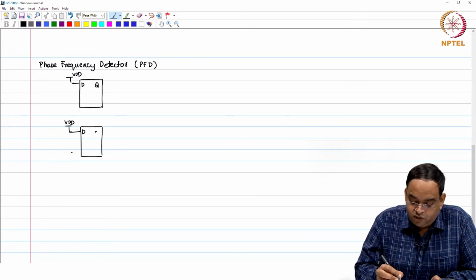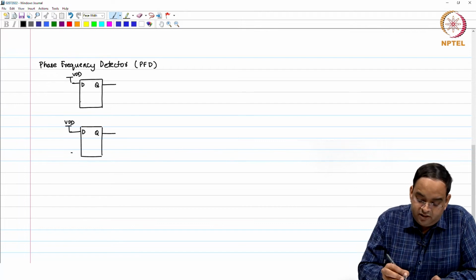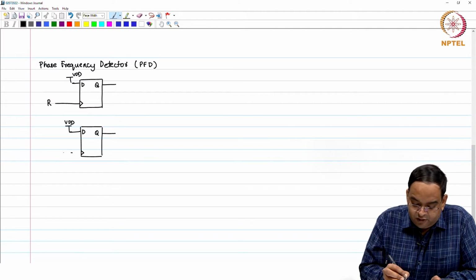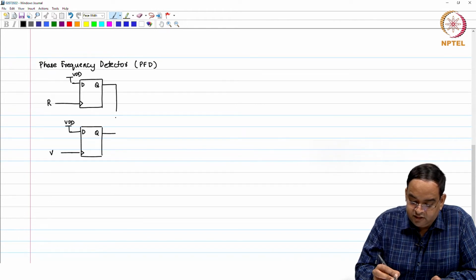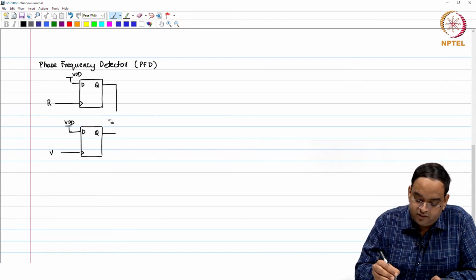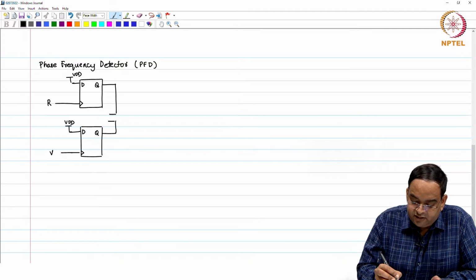The Q of both the flip flops act as outputs for the PFD, and one of these is clocked by R signal, the other is clocked by V signal, and the two Q signals are actually used to reset the 2 flip flops using an AND gate.